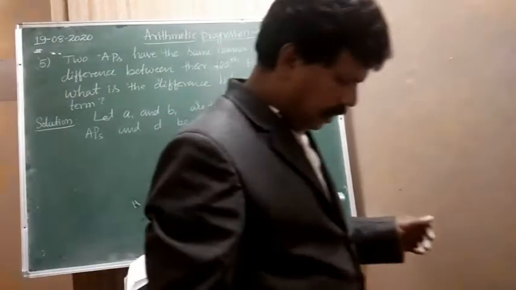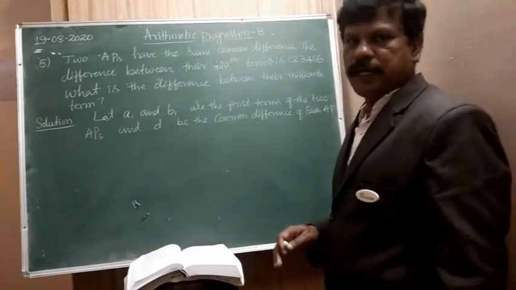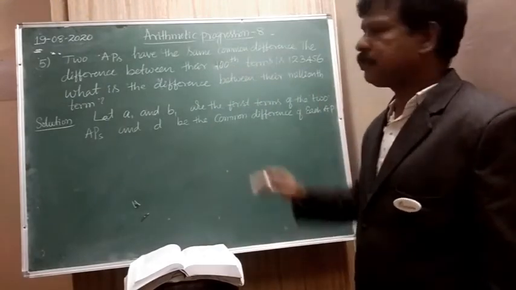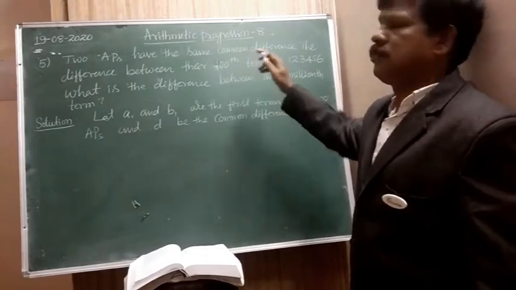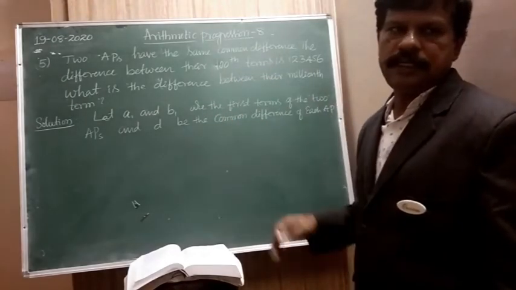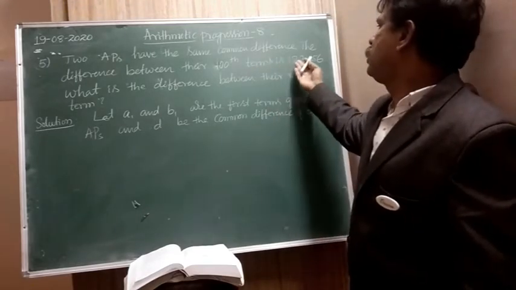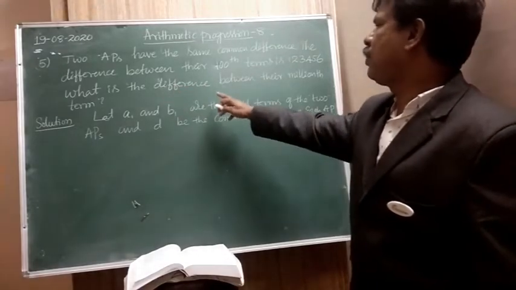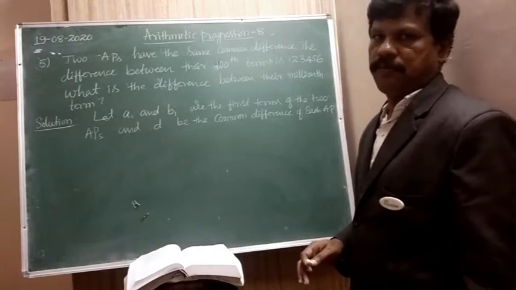So look at that. First you should read the question. Two APs have the same common difference. The difference between their 100th terms, in your exercise it may be 1000th term, is 1, 2, 3, 4, 5, 6. What is the difference between their millionth terms?